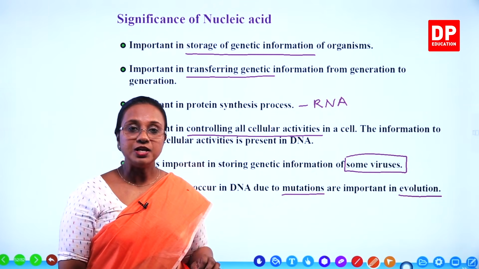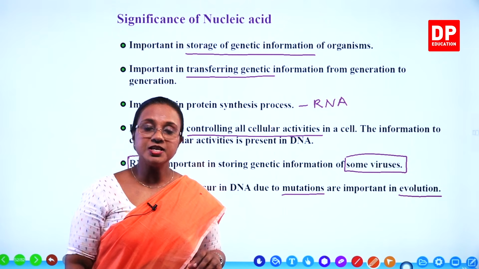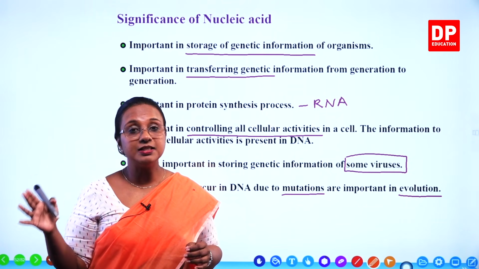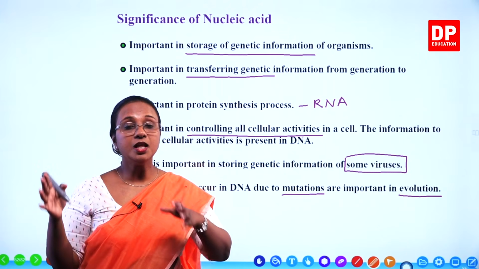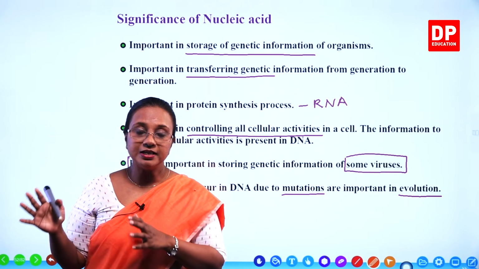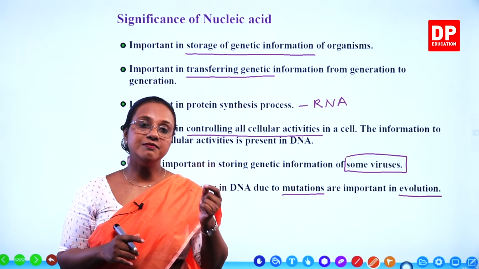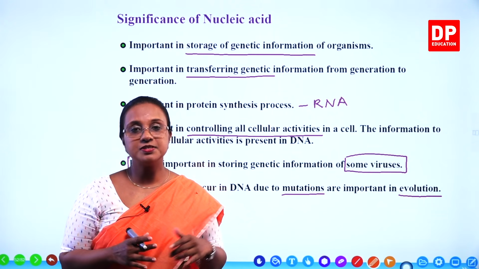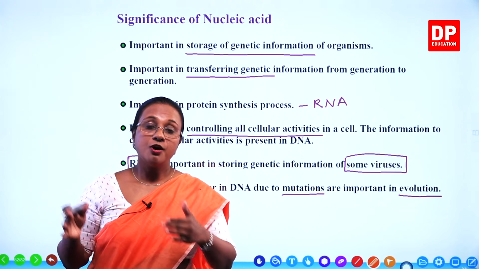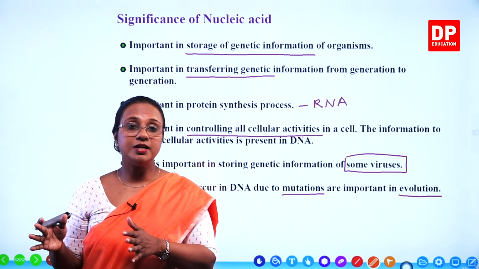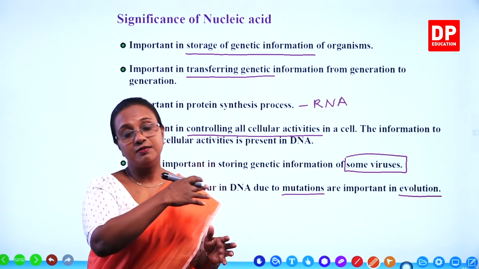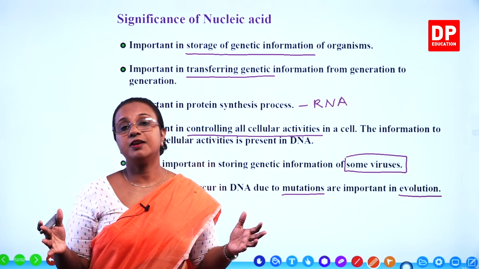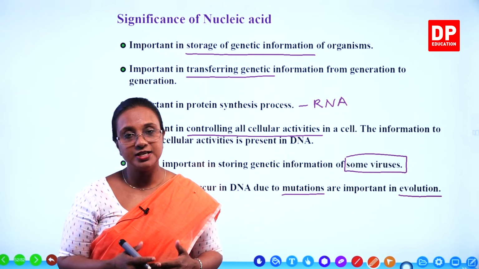When we say evolution, it is the process that has been taking place from the time the earth evolved. You all know on earth it was first the living unicellular, one cell organisms that were formed. From that one cell organism, now if you look around you, there are so many different types of living organisms.